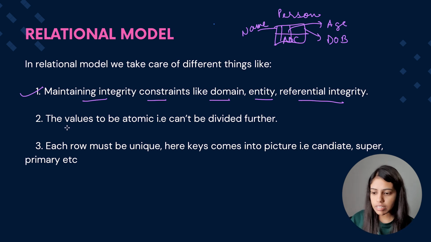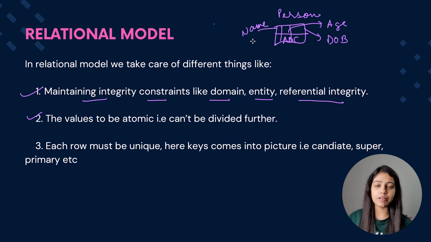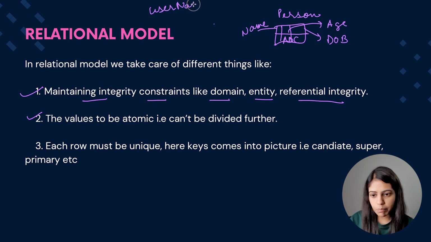Now the second is the value should be atomic, that can't be divided further. Whenever we provide the attributes in the relational model, all the values should be atomic. It shouldn't be that I am giving a multi-valued attribute in a table. Consider that there is a username, which is a multi-valued attribute.